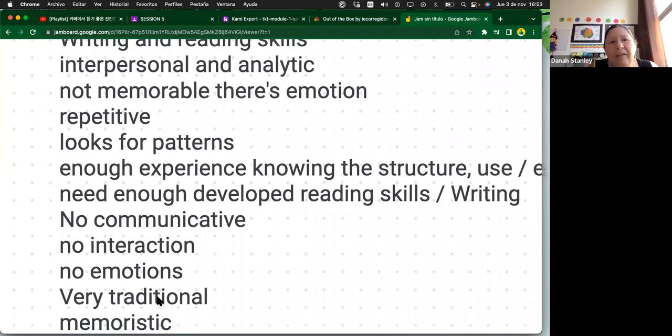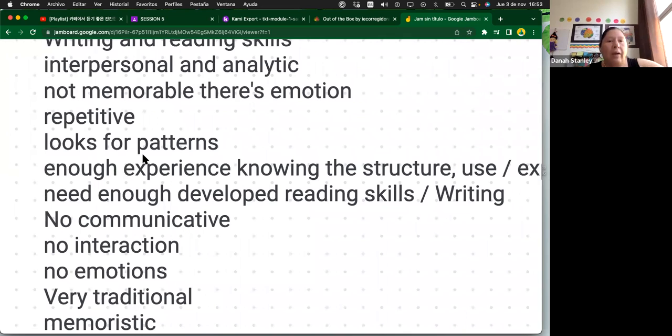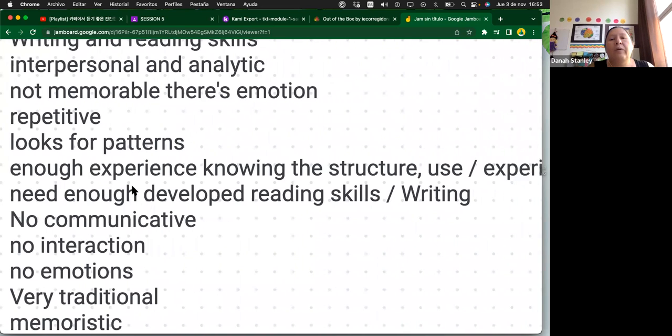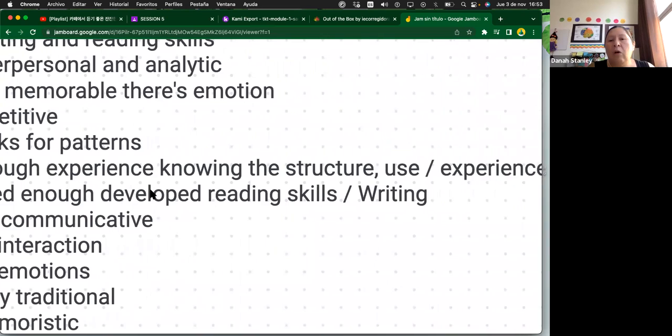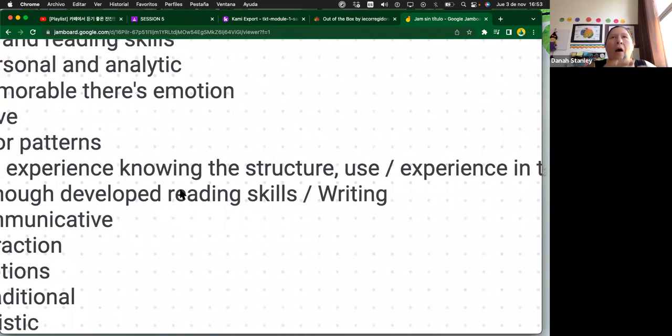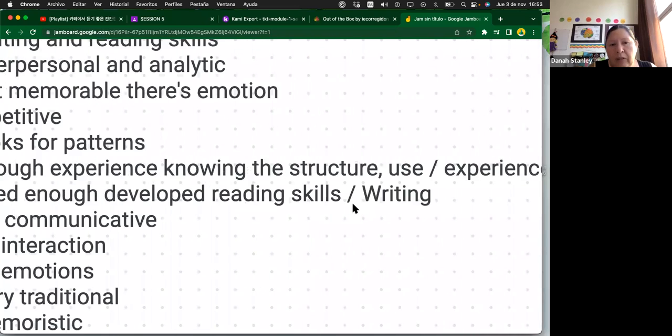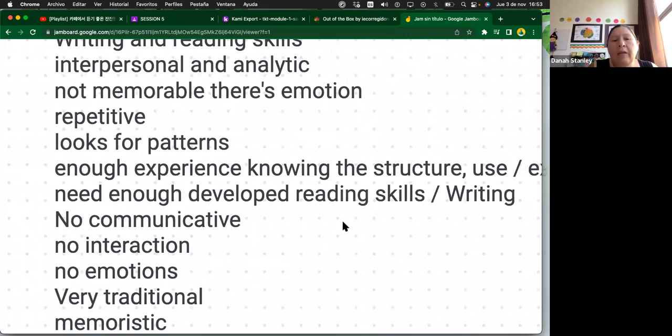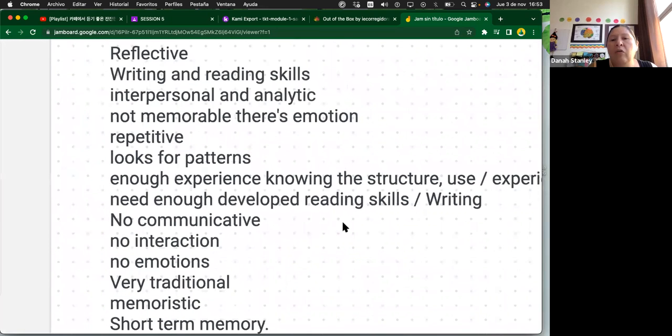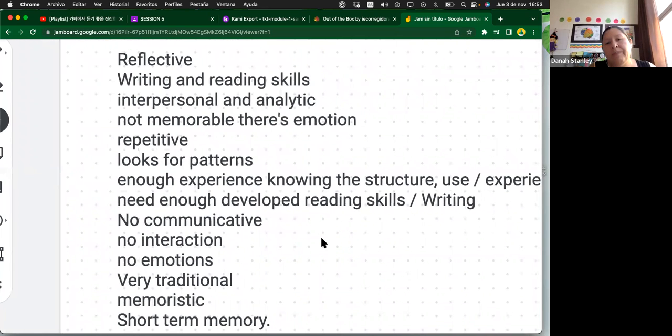traditional, yes. It looks for patterns, how the grammar structures are made. Students need enough experience of knowing the structure, how the sentence is made, and the use, and also experience in the world. They need enough development of reading skills and writing.